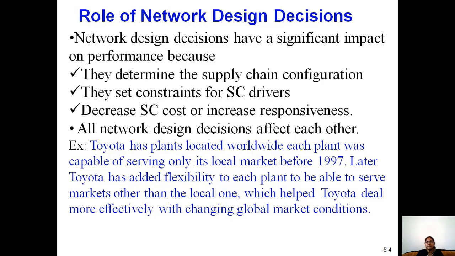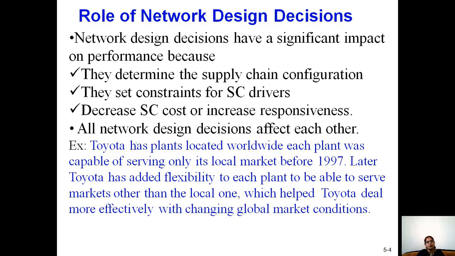In 1990, Asia went into recession. There was an economic crisis. So the plants available in Asia had production capacity, but there was no demand, no market for the production being done, because the plants were serving only the local markets, and all the Asian local markets were in recession.